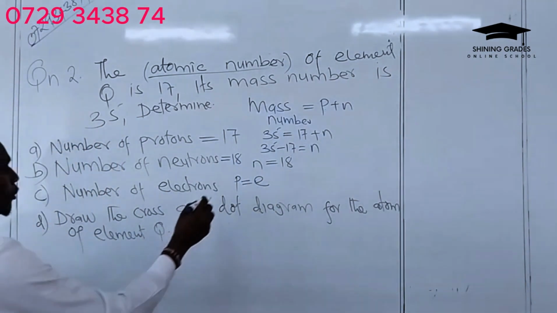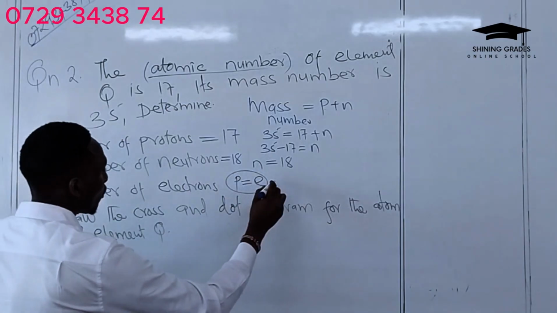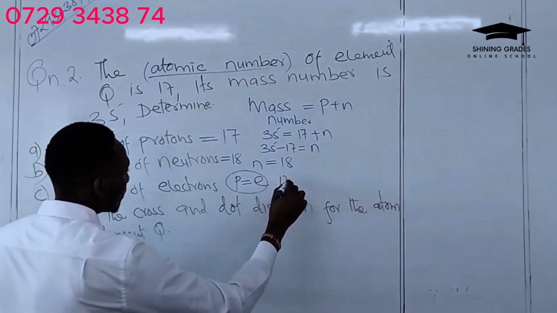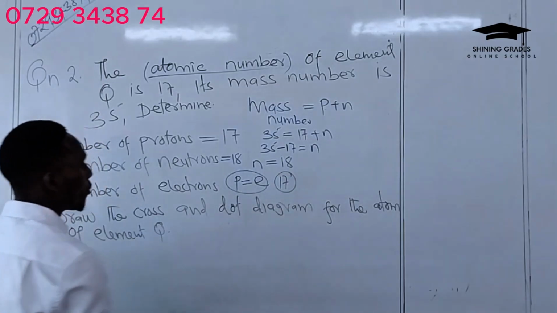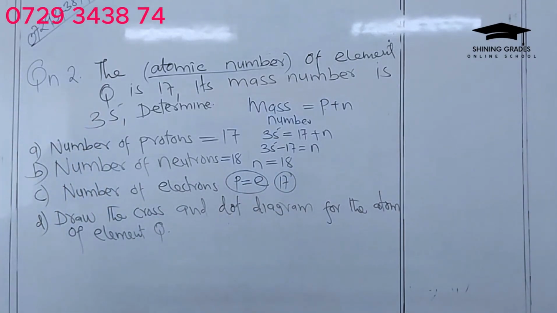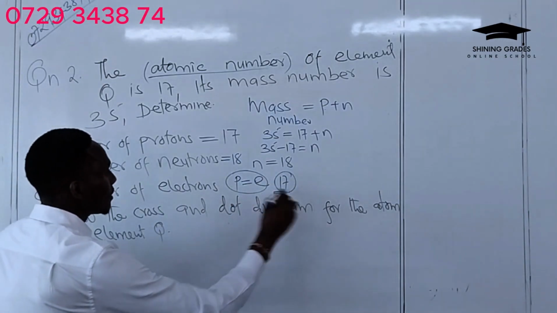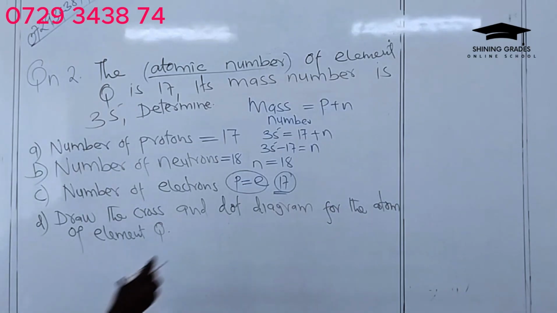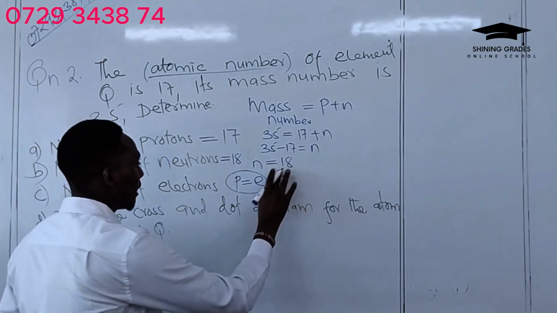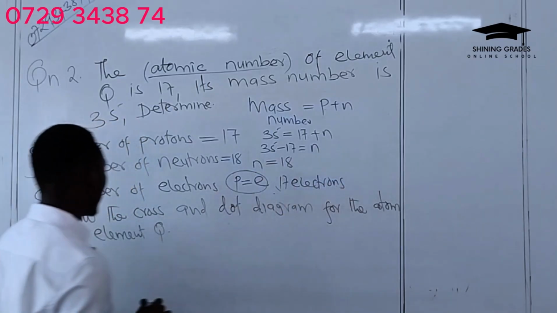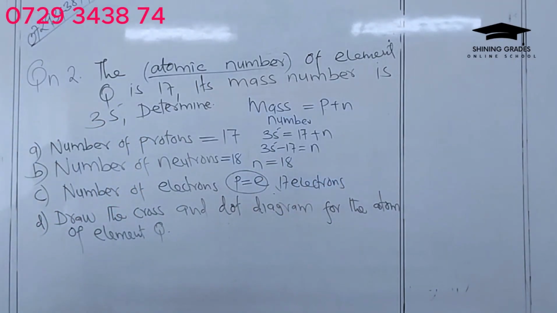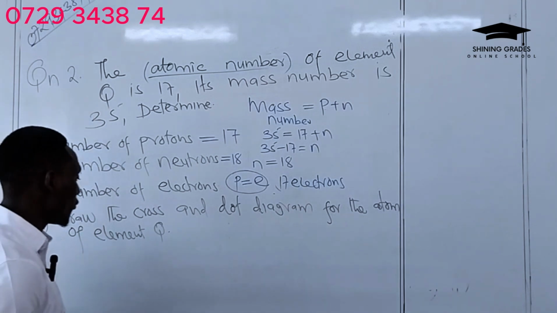So if the number of protons is 17, the number of electrons will also be 17. Moving to the next question, draw the cross and dot diagram for the atom of element Q.